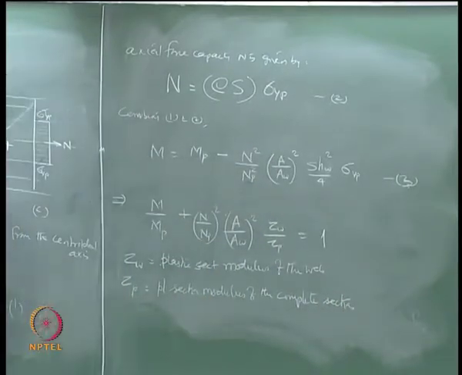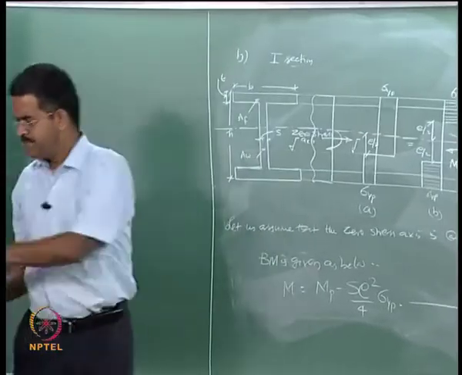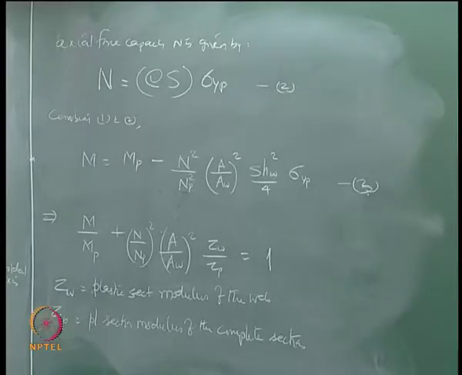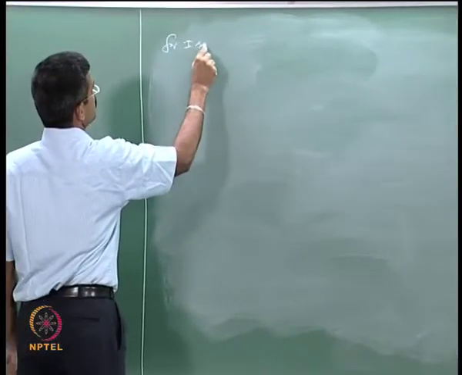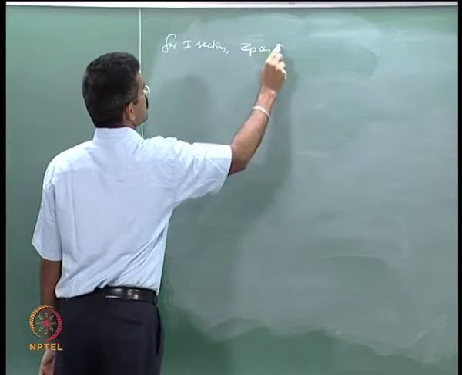I will remove this, I would like to retain this, or I can remove the figure, no problem. So for I sections you can compute ZP as follows.